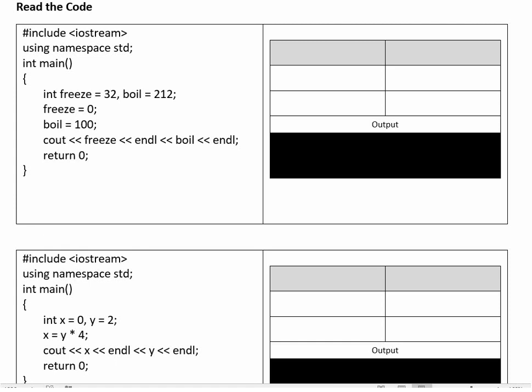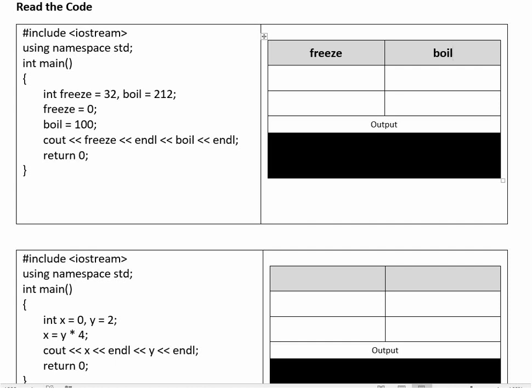Now, one of the things that I do is what I call desk checking the program and tracing the values of the variables. So here I have two variables that have been declared, freeze and boil. So I am going to go ahead and key those in over here so that I can keep a table to trace their values throughout the execution.